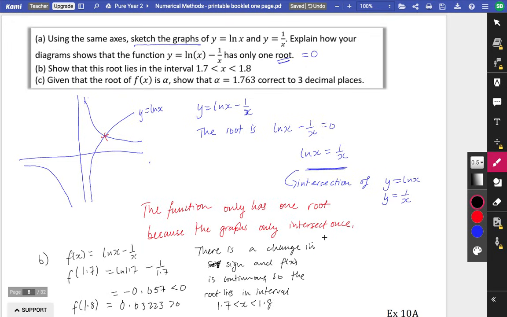Part C of the question then says, given that the root of f of x is alpha, show that alpha equals 1.763, correct to 3 decimal places. So we're going to do that same thing that we did before. We're going to think, what would be the upper and lower boundaries of this so that it rounds to 1.763 to 3 decimal places.